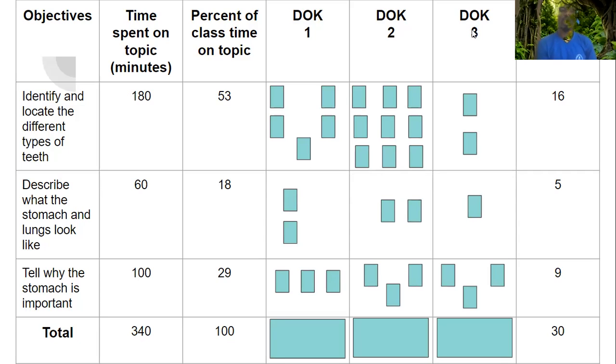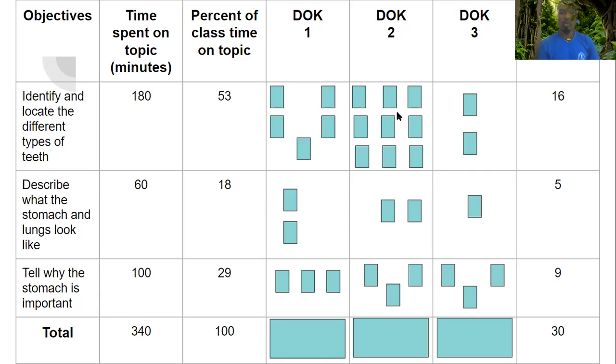Those are the levels of questioning we use in this educational system. All right, so the DOK level 1 is the lowest level of questioning. So at this point in time, you may ask a student to identify something, or just to label something, or maybe just tell about something.